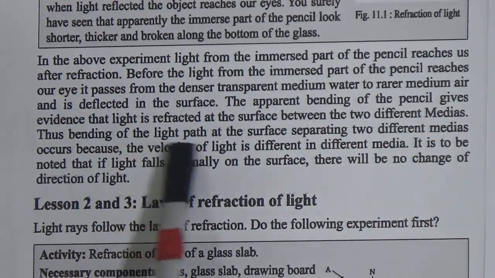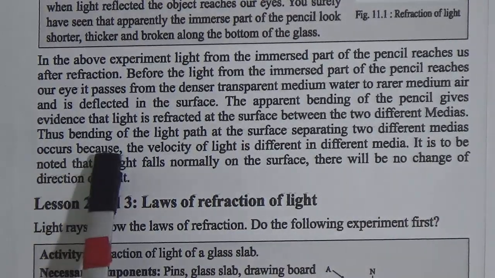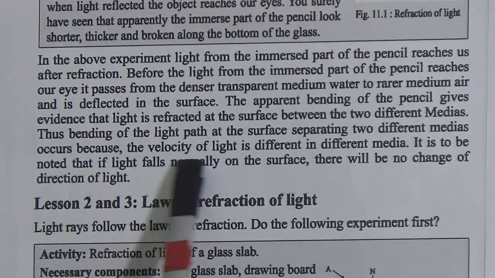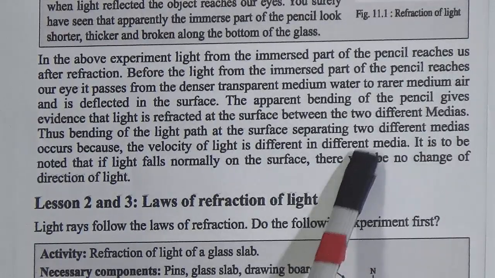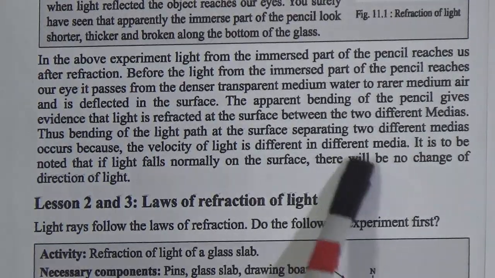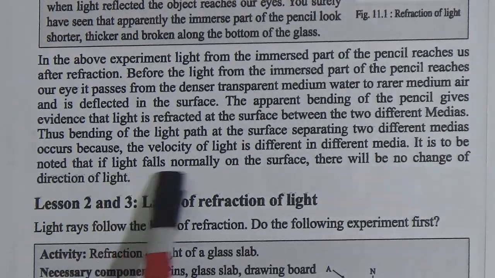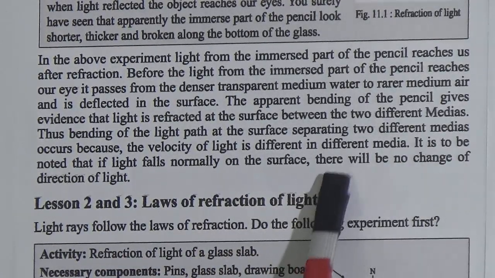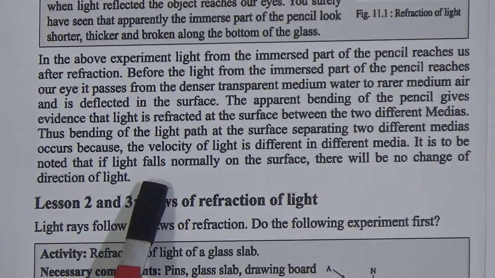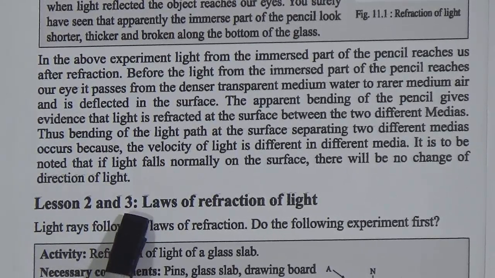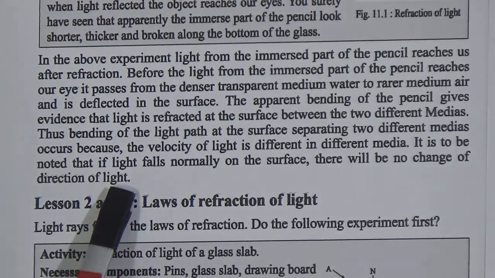Thus, the bending of the light path at the surface separating two media occurs because the velocity of light is different in different media. We already learned that the velocity of light and the velocity of sound are different in different media. It is to be noted that when light falls normally on the surface, there is no change of direction, but when it goes from a denser medium to a rarer medium, or from a rarer medium to a denser medium, it changes its direction.